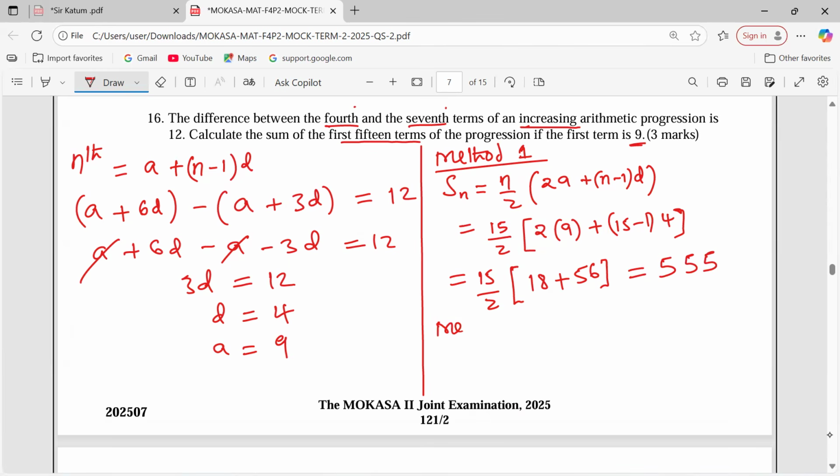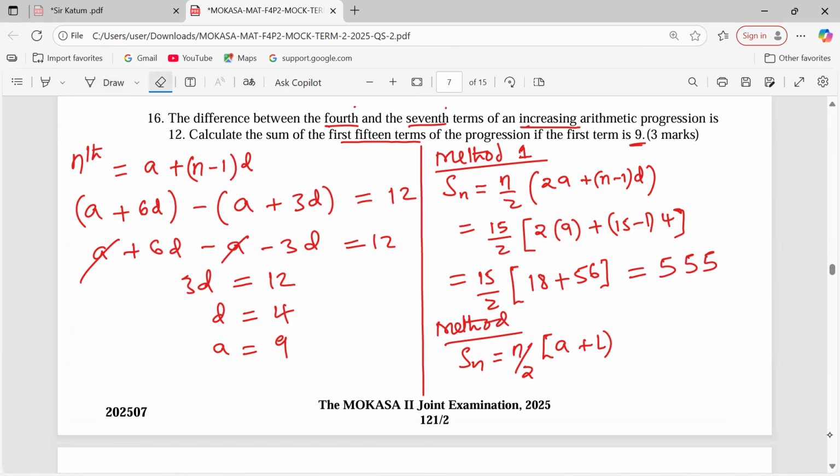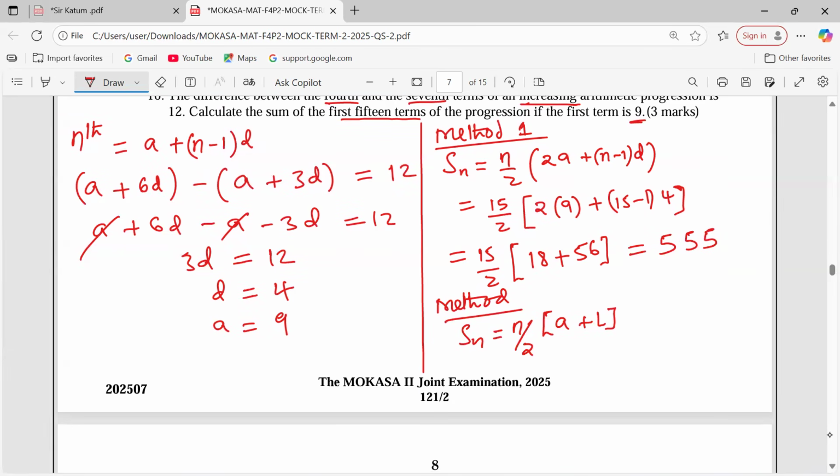We can choose another method here, which says the sum of a given number of terms is n over 2 into the first term plus the last term. So the first thing to find in such a case is the last term. The last term means the 15th term.